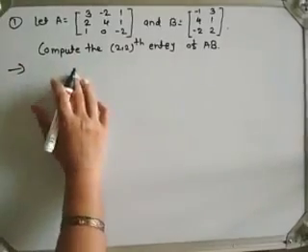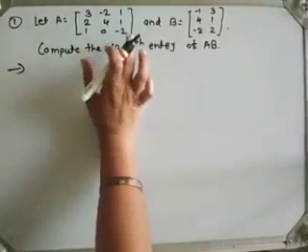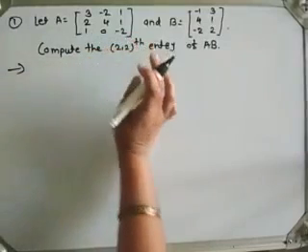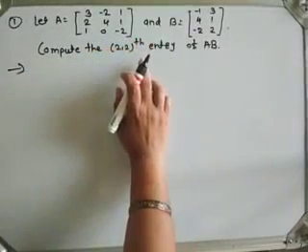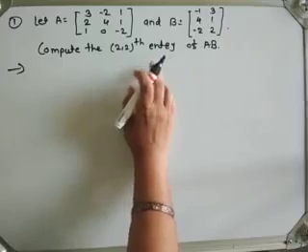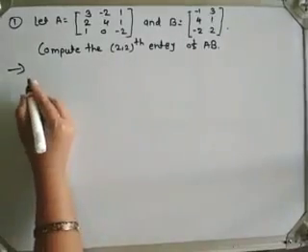See here what we have been given. Matrices A and B are given. We have to compute the (2,2)th entry of the product AB.